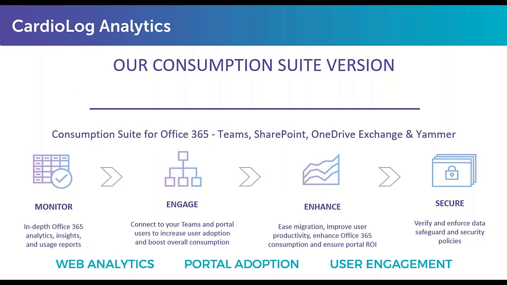We want to make sure that we're constantly improving SharePoint and Teams and so on based on those 2 pillars. The idea is to have actionable metrics which will allow us to constantly make Microsoft 365 platforms better for our users. And then finally, the last pillar is securing Microsoft 365 by enforcing permissions and access and identifying breaches of information and securing confidential data.